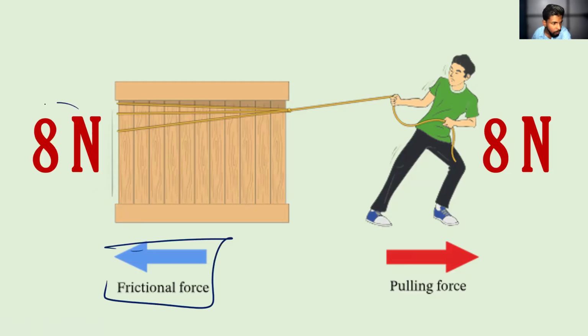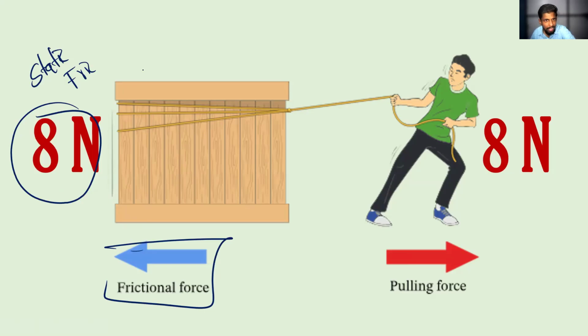So this frictional force is called static frictional force. That means the opposing force is there before the motion. Now the object is not moving, right? So before the motion, we have a frictional force that is called static frictional force.